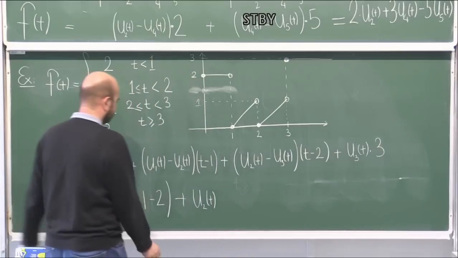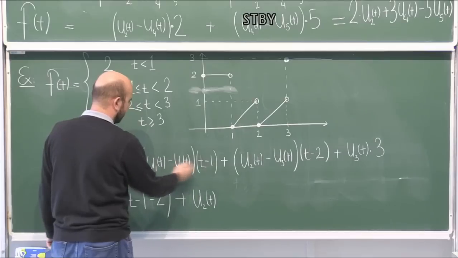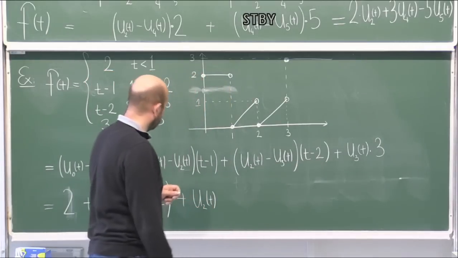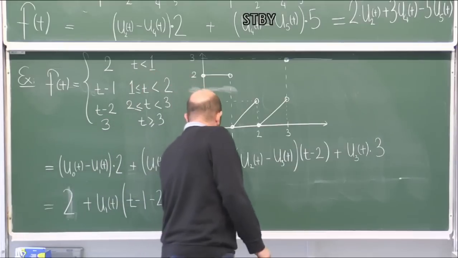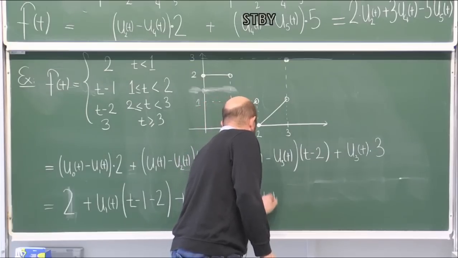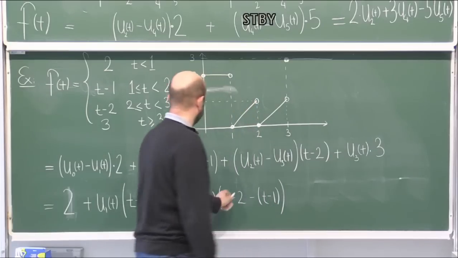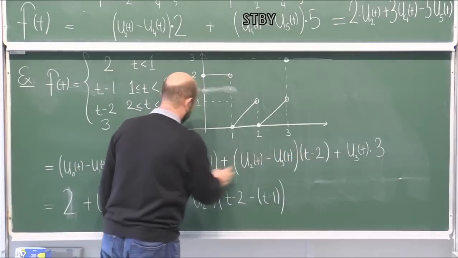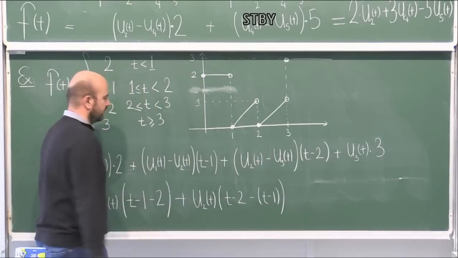So here we have t minus 1 subtracted, but t minus 2 added. So what we can do is we have t minus 2 added and t minus 1 subtracted. Okay, so that's 1 and this is subtracted.